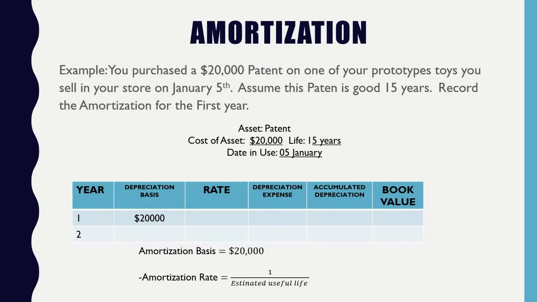I know Disney has one for 50 years, right? They want to keep all of their Disney princesses, Disney cartoons, all of that secured for 50 years. So if a patent, license, copyright can be protected for either 1 to 50 years, we said, guess we'll just pick 15.